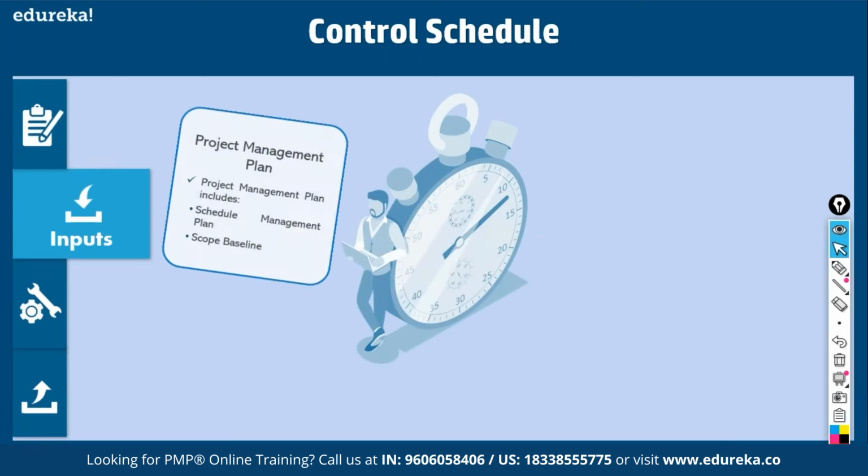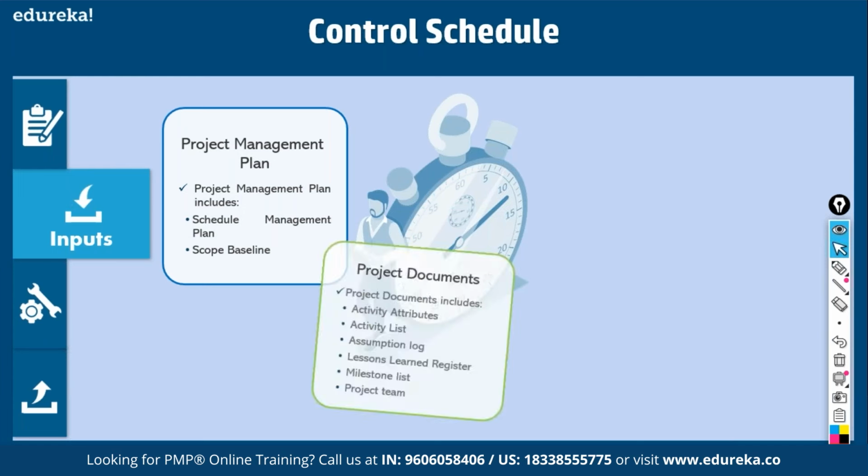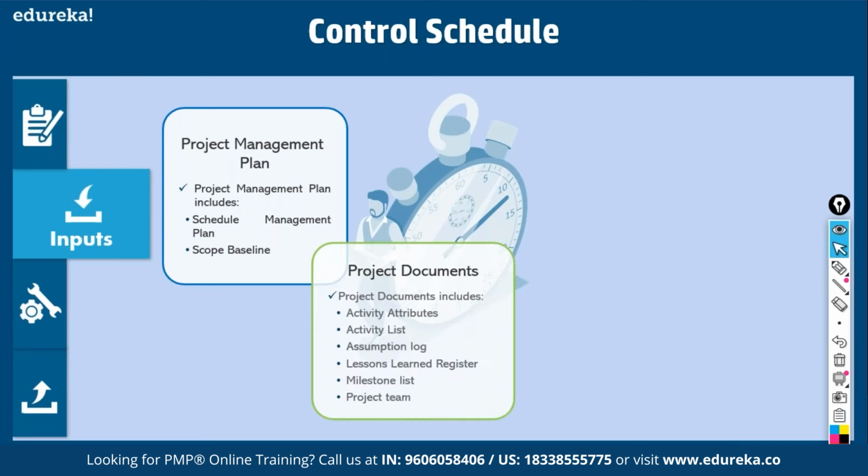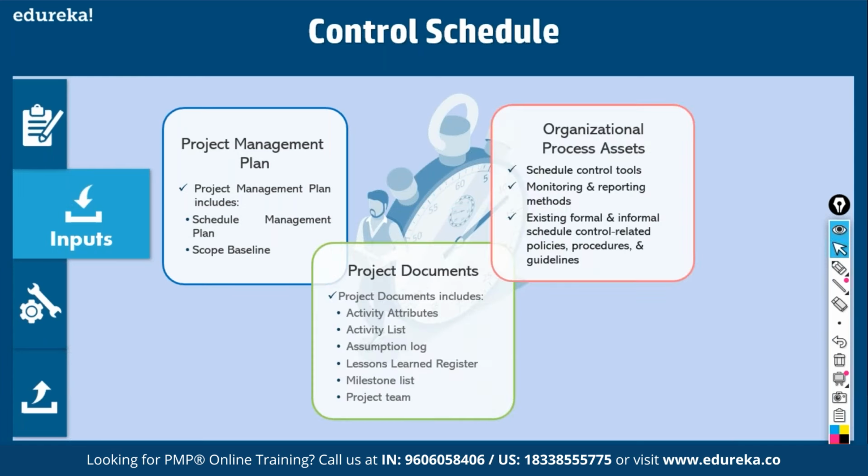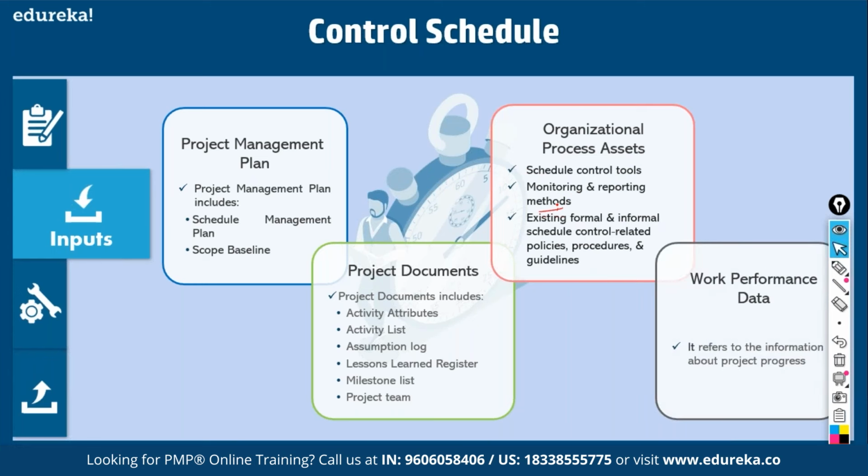Fine. So plan is an input, project documents are inputs, organizational process, any control tools are inputs, reporting methods are inputs. Okay. Then work performance data, which activity has started, which has not started, which has ended, right?